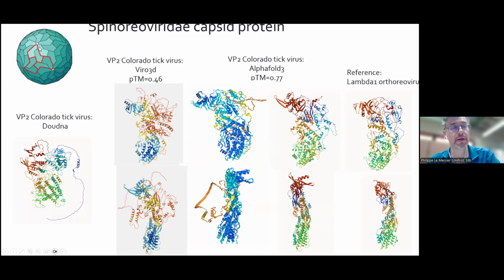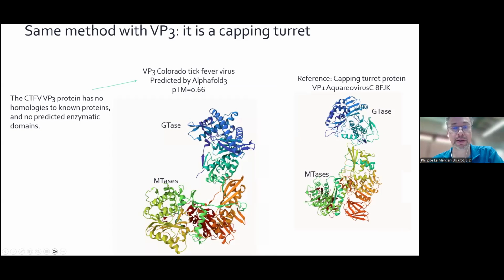You have an opening in which the RNA will be extruded. So the polymerase and genome are inside, and a polymerase will produce RNA that will be extruded. But at the top of this structure are the capping enzymes that will cap the RNA when it goes out from the virion. Okay. So here we model by AlphaFold 2.